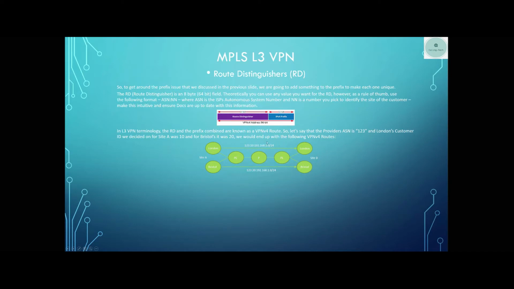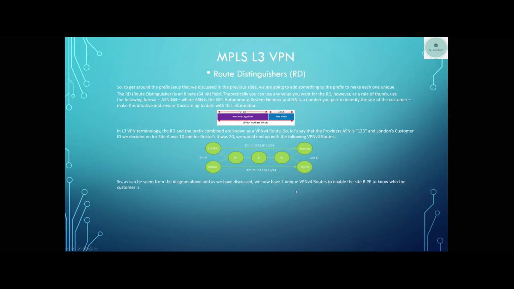And we end up with a VPNv4 route. For Bristol, you'll notice now it's 123:20, not 10. So that has now given a unique ID for each of the networks.